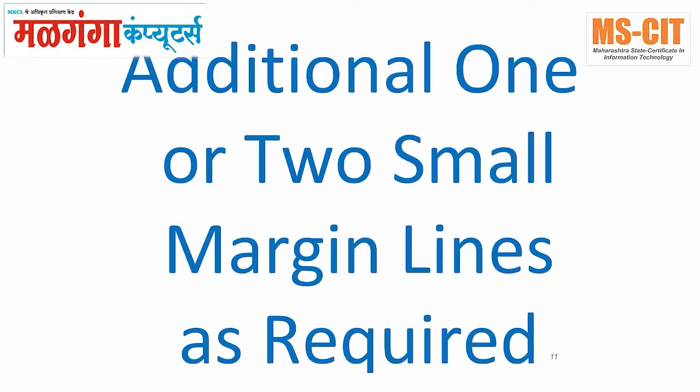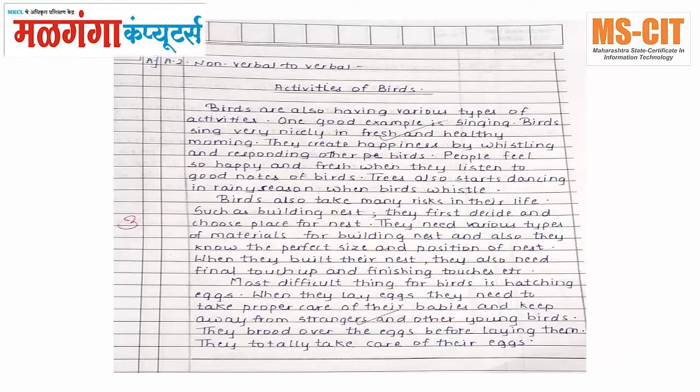As required, on the left hand side you can draw one or two additional margin lines, especially for SST and science. You need two additional small margin lines, and in the second small margin you will write the point number, because in SST and science we normally write all answers in points.